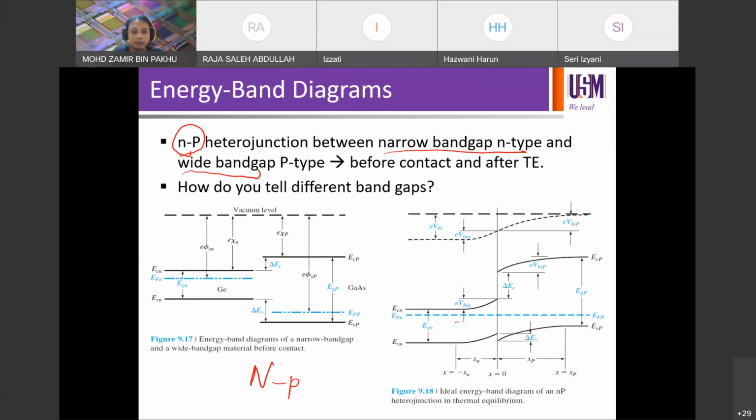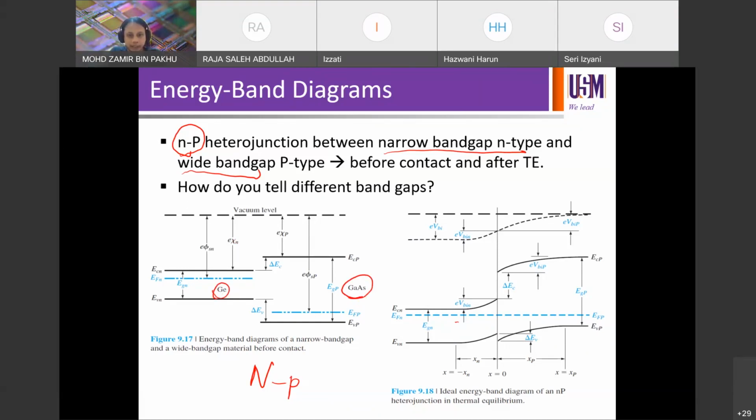So in this case, germanium is the N-type, and gallium arsenide is the P-type. Here we are combining germanium on gallium arsenide. So you should be able to calculate as well. You just go back to the lattice constants of germanium and gallium arsenide and do your lattice mismatch calculation accordingly based on the given information, right? Then EC, EV done, EF done.